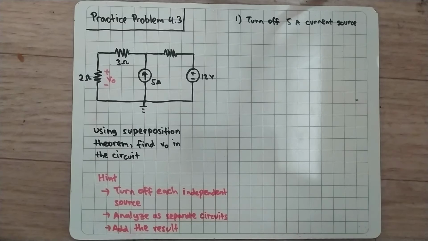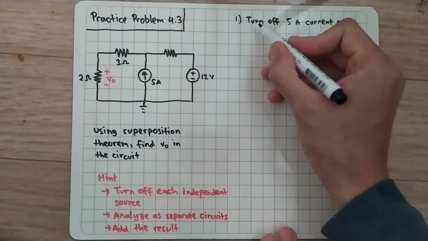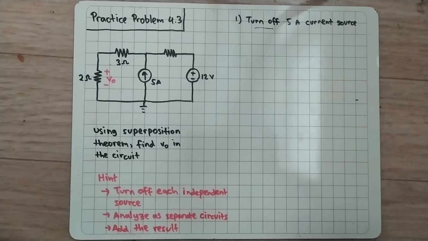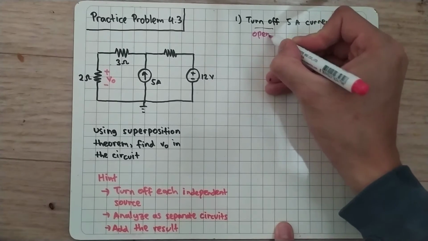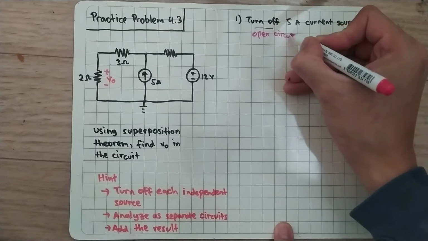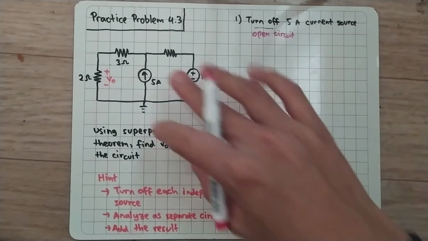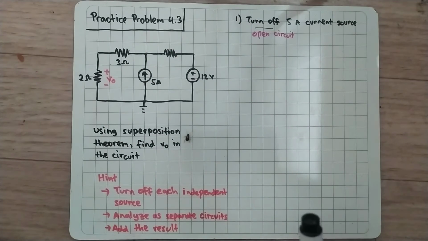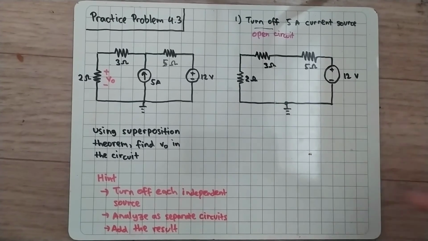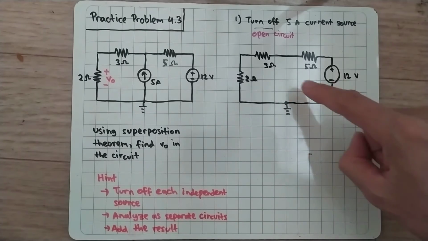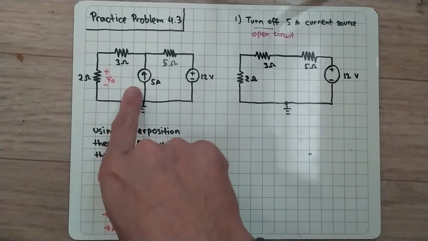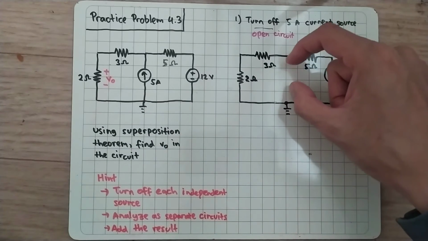Turning off current source means replacing it by open circuit, so we will have a circuit where this current source becomes open circuit. Okay, let's draw that. I will pause the video and draw it. Now I have drawn the circuit, and here is the circuit when the current source is turned off. It's replaced by open circuit here.